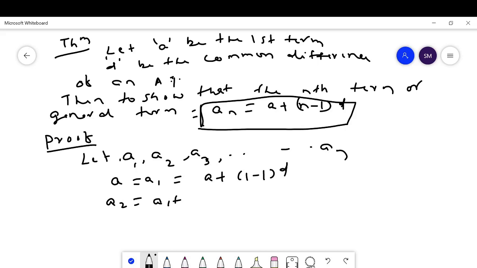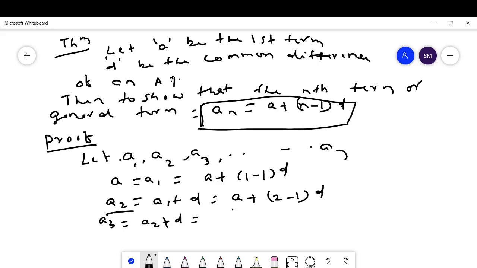Here A2 is equal to A1 plus d, which is equal to a plus 2 minus 1 into d. Then the next term A3 is equal to A2 plus d.